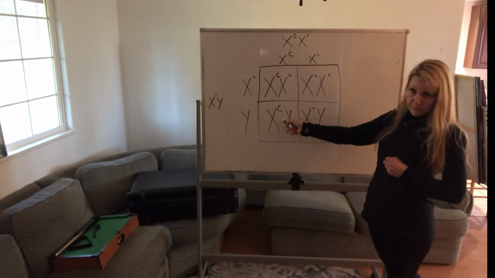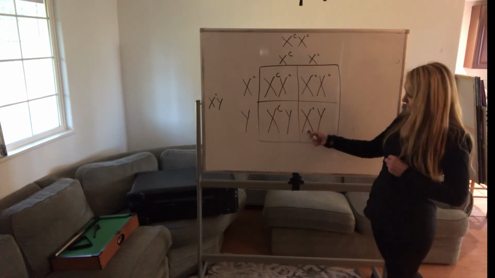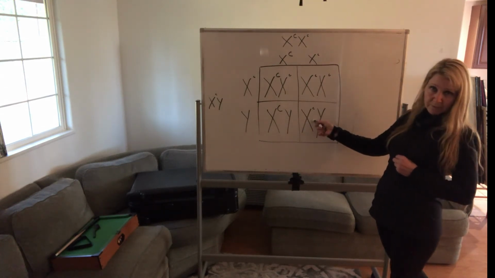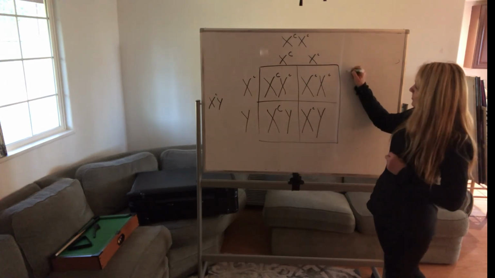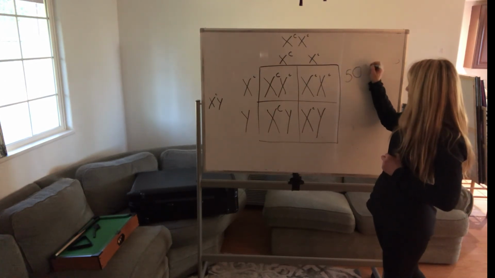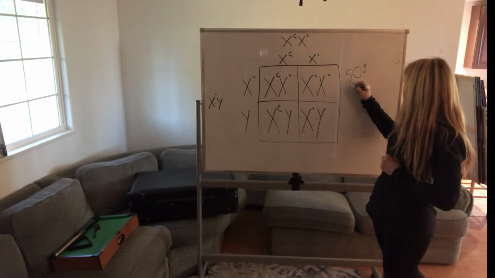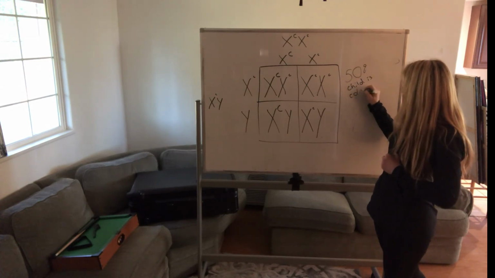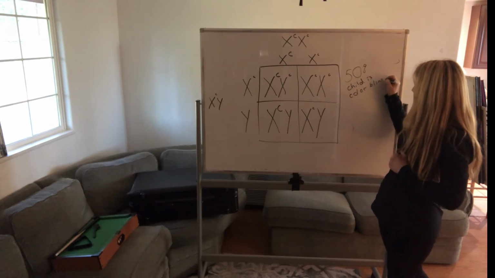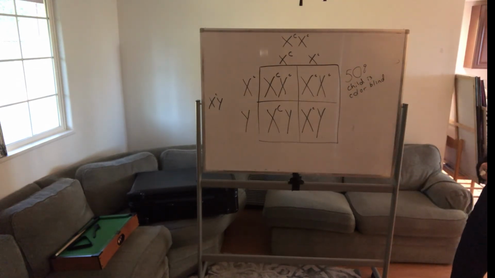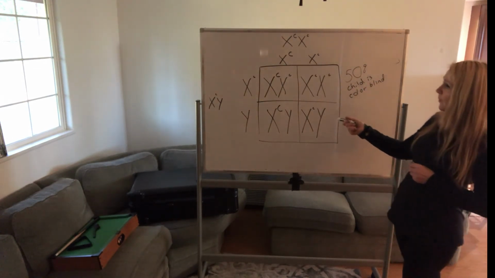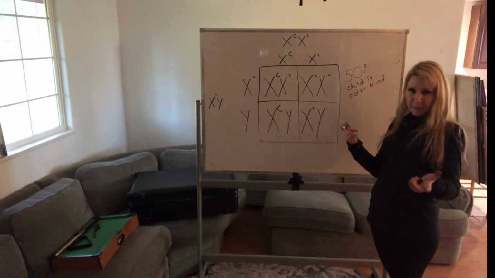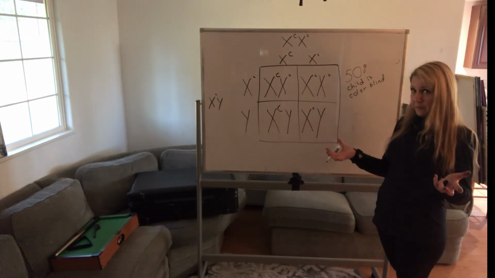This one is not colorblind because they're big C. This one's colorblind. So 50% chance the child is colorblind. All right, and in this case, you have the female and male have an equal chance of being colorblind.